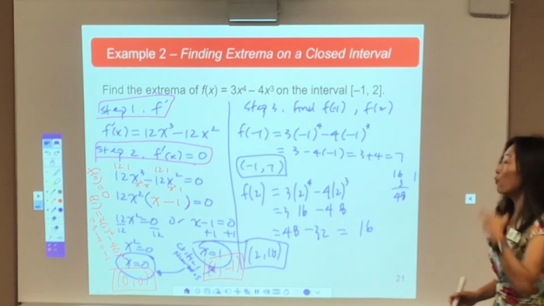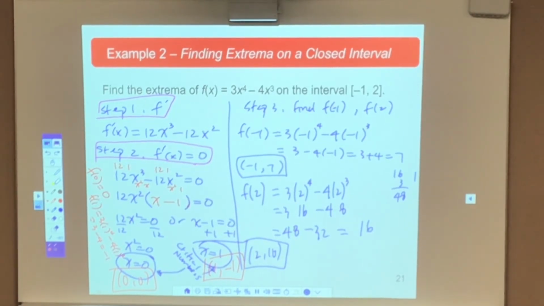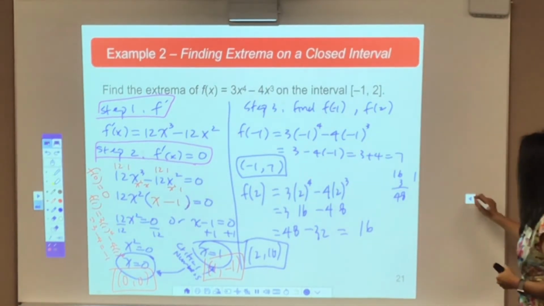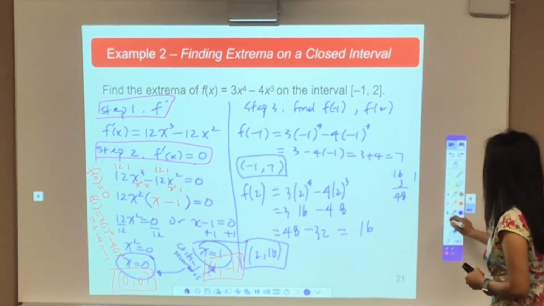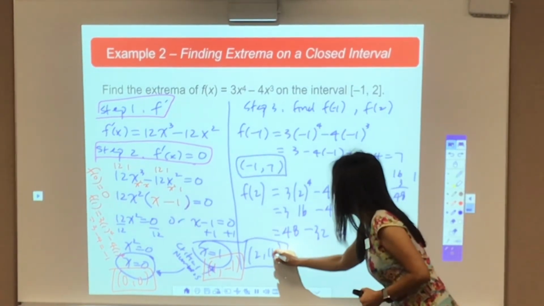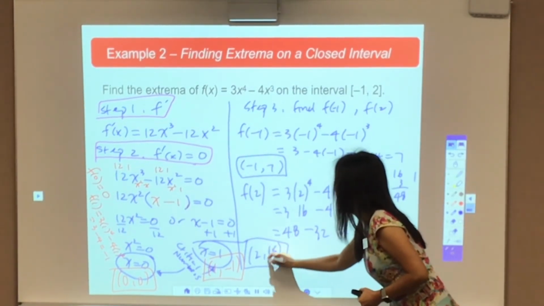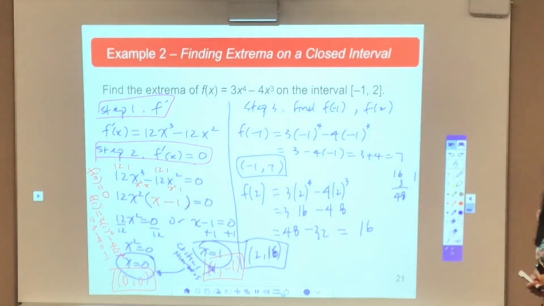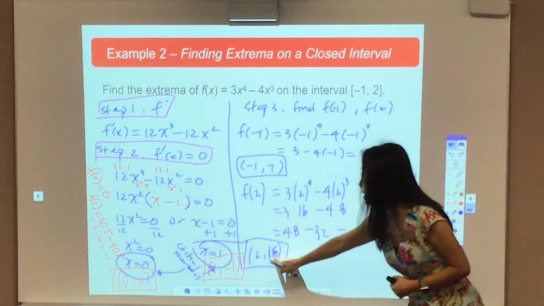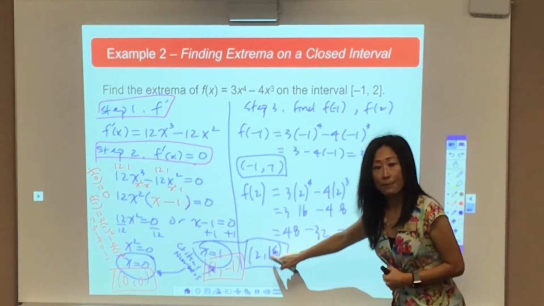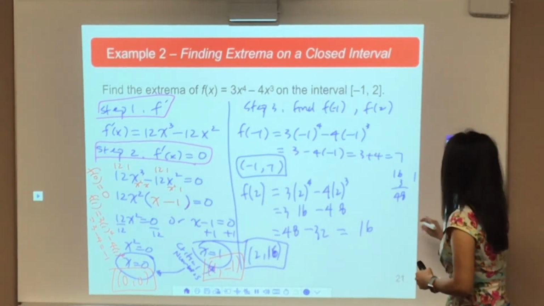So tell me, where is my maximum located? By the way, this is a 16. So where's my maximum located? 2 comma 16. Okay, this is what I have, class.